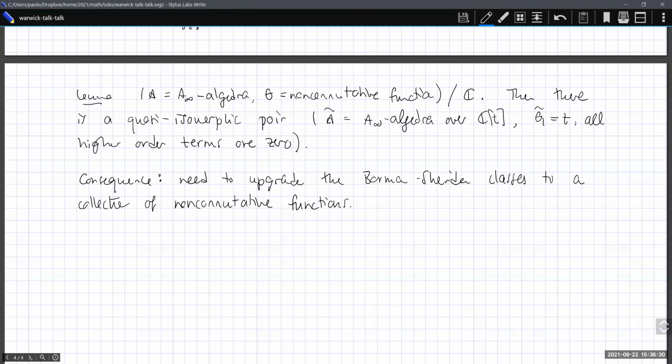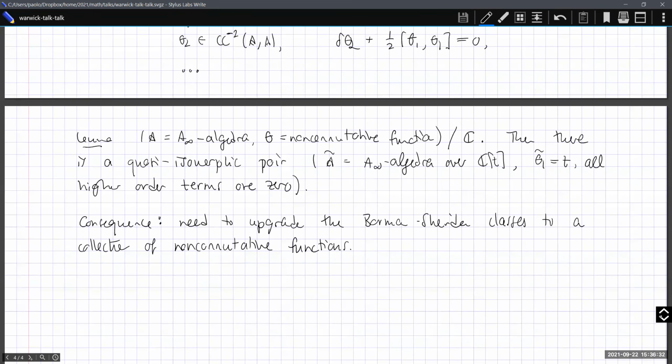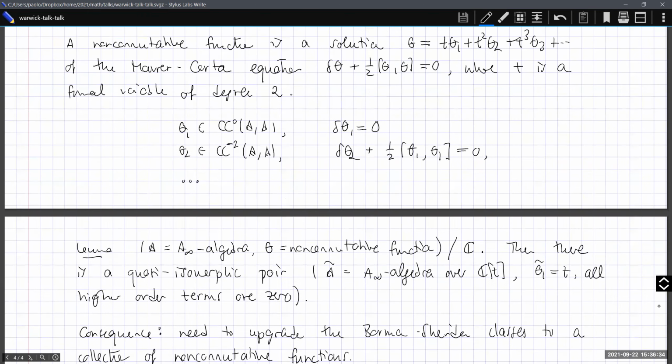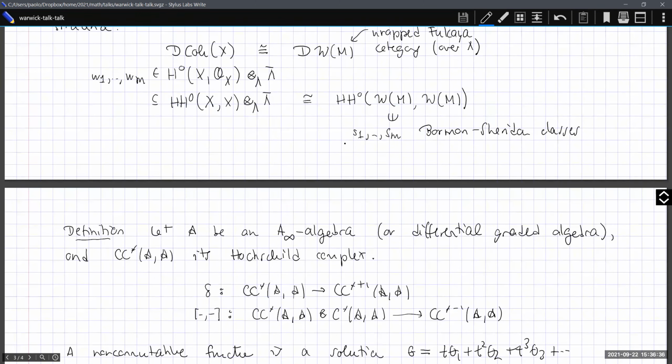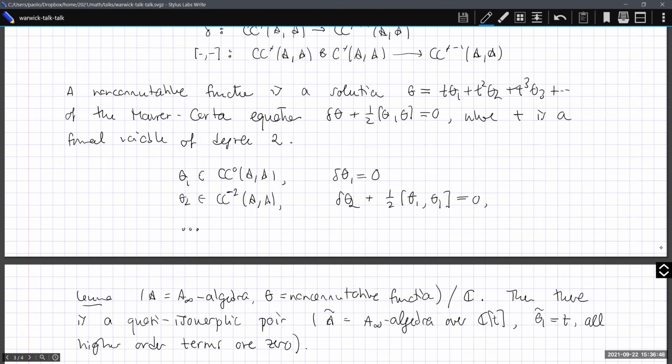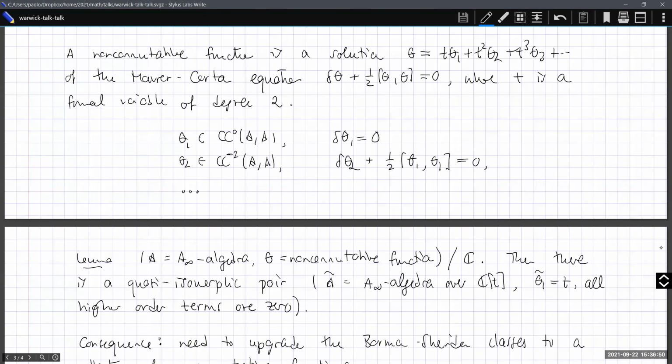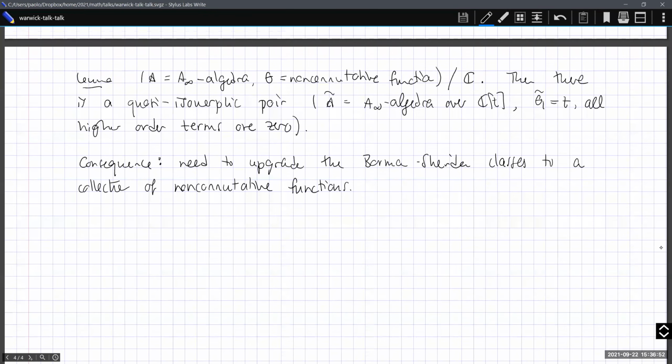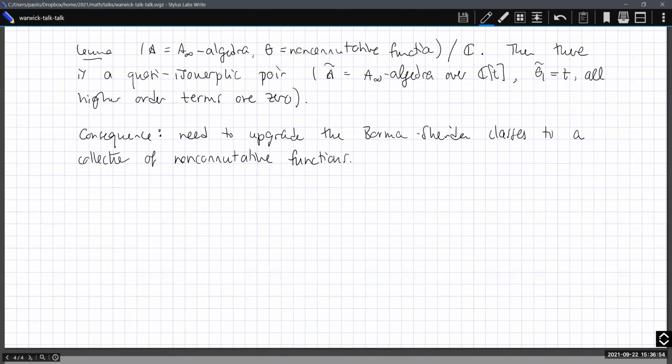Okay. Now, in this case, not just that each single one needs to be a non-commutative function, but it needs to be a non-commutative multivariable function, which is a solution of the Maurer-Cartan equation with several formal commuting variables of degree 2. As I said, the practical importance of this can vary.